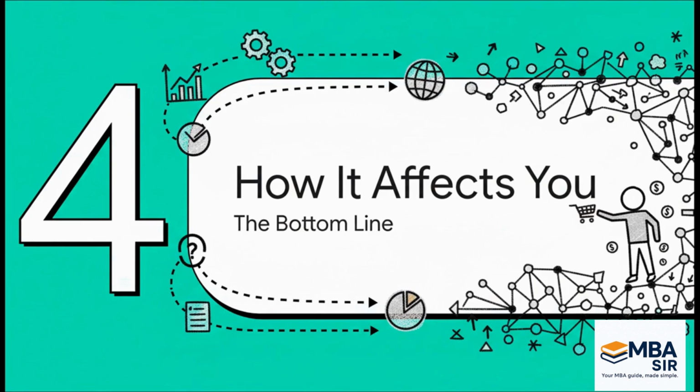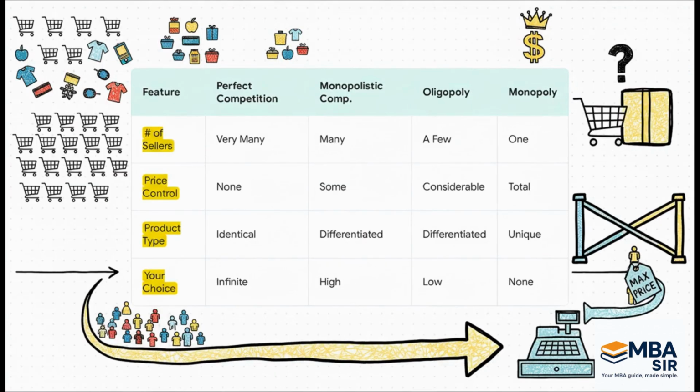Okay, let's put it all together. This table really is the whole story in a nutshell. Just watch what happens as you move from left to right, away from perfect competition and toward monopoly. The number of sellers plummets. Their control over the price you pay skyrockets.